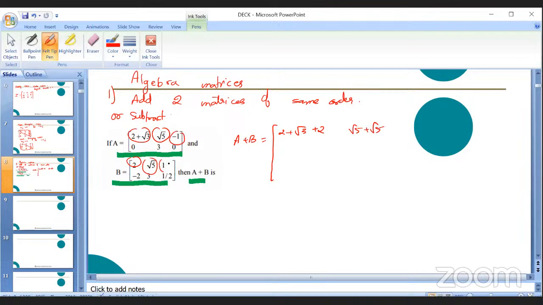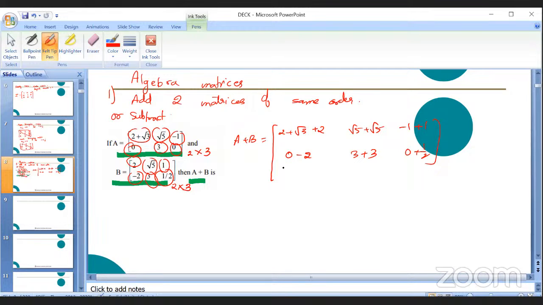Then minus 1 and plus 1, add up. 0 and minus 2, add up. 3 and 3 you are adding. 0 and 1 by 2 you are adding. Because matrix A is of order 2 by 3 and matrix B is of order 2 by 3, both the orders are the same.